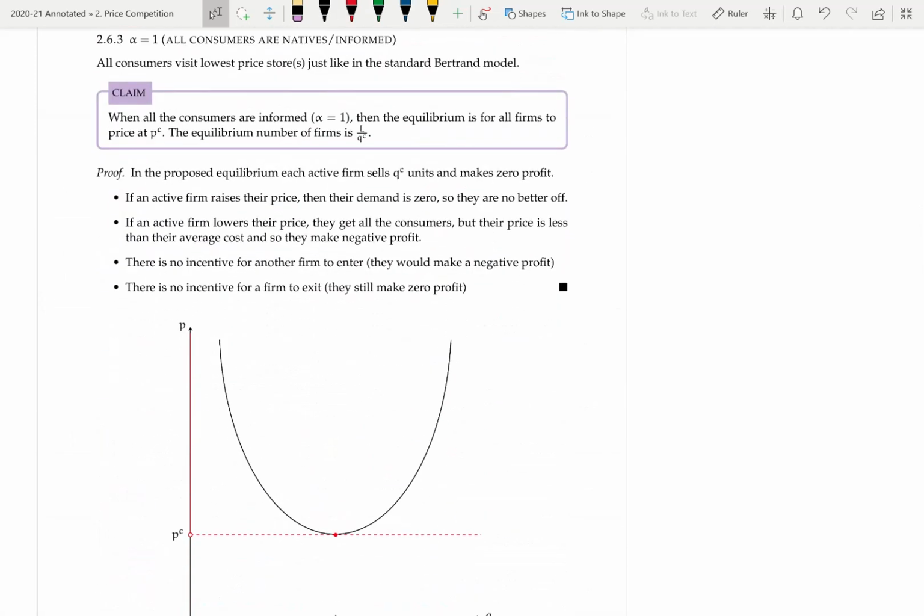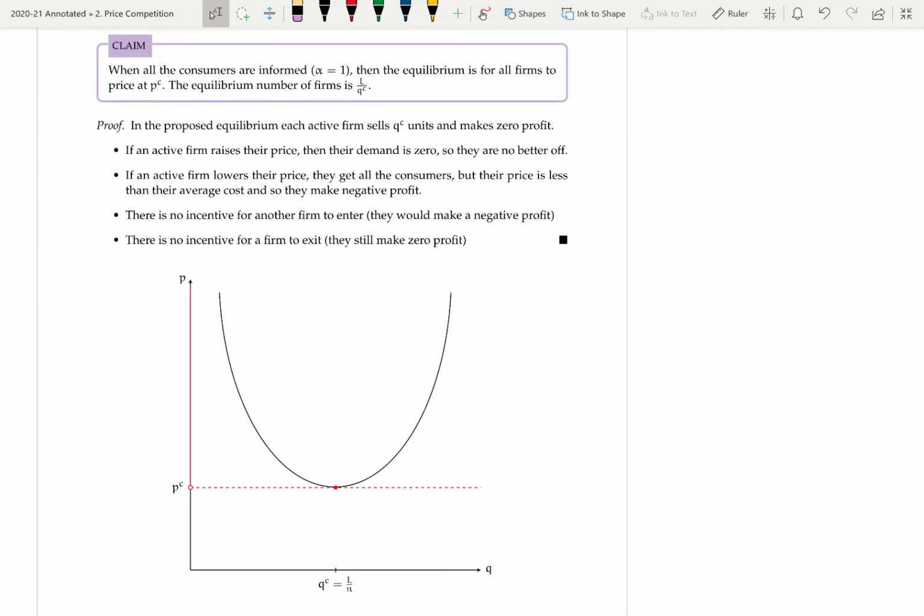Now we'll look at the other extreme where alpha equals 1. All the consumers are natives, all the consumers know the prices. In this case, all consumers will visit the lowest price stores, just like in the standard Bertrand model. The only difference here is that the average cost is U-shaped.